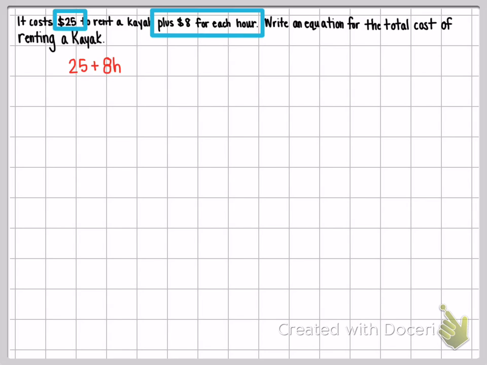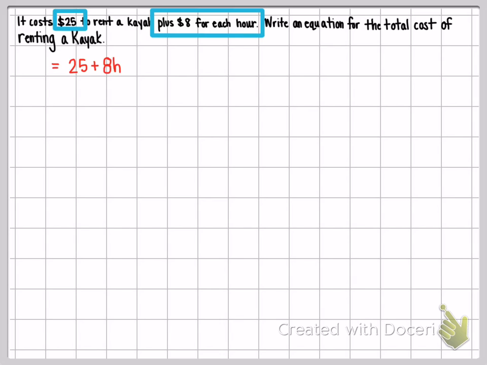Now instead of using h, you could have used x, because that's showing that that's going to be your independent variable. That's the number that changes. So this is a good lesson. You can either always use x for your independent variable, or like I'm going to use here, you can use a variable that represents what you're missing, and that is the number of hours.